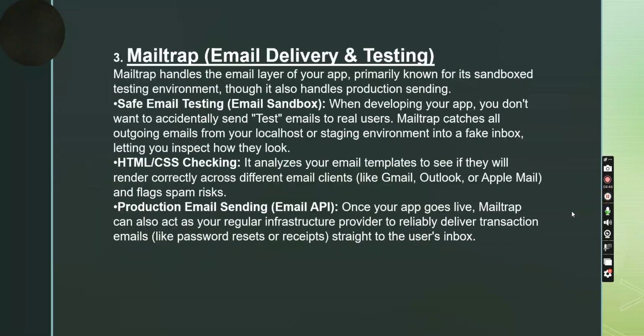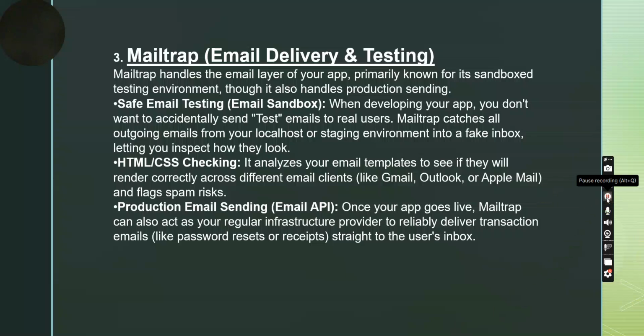The third technology we used in this is Mailtrap. Mailtrap is basically an all-in-one email infrastructure platform for developers. It is used for email testing and email delivery. Instead of sending your test emails, it catches all the outgoing emails from your localhost into a fake inbox, letting you inspect how they look.